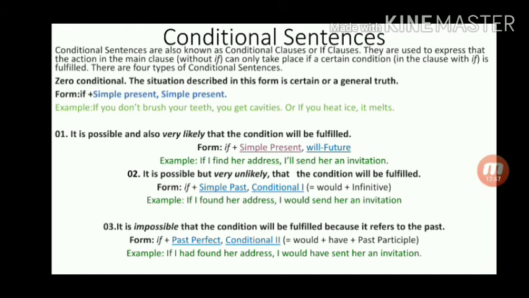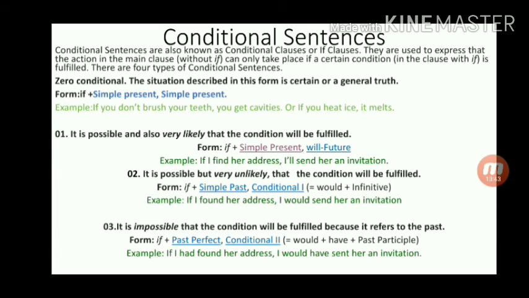The next example may be, "If I had understood the instructions properly," this is the condition, "I would have passed the exam." So this is the result. If I had understood the instructions properly, then I would have passed the exam. But as I haven't passed the exam, it is because I did not understand the instructions properly.